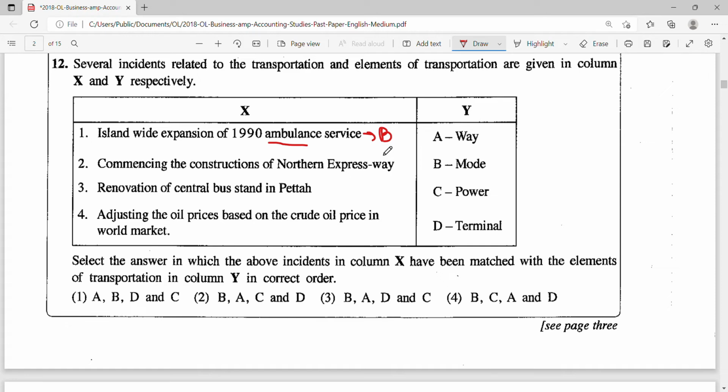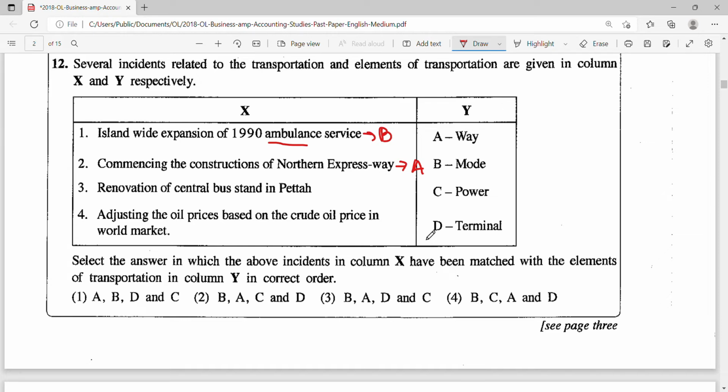Now they're talking about a roadway, which is the Northern Expressway. To which element of transportation does this belong? This is a path of travel, so this will fall into way. A is the correct element here.